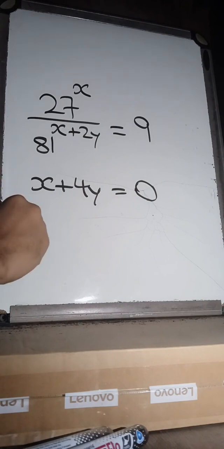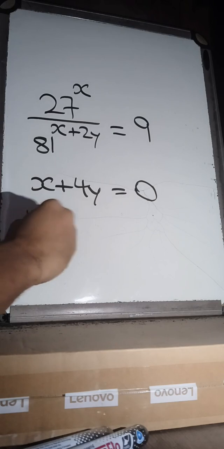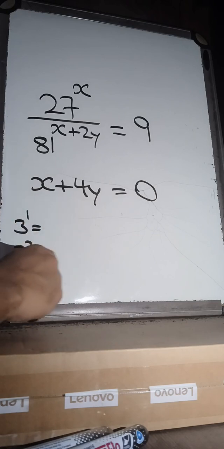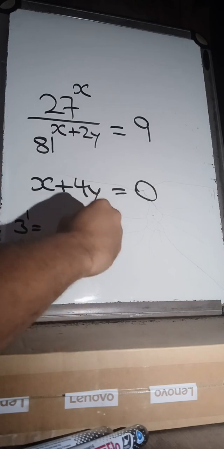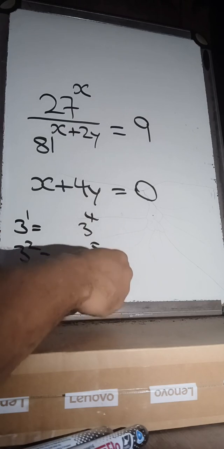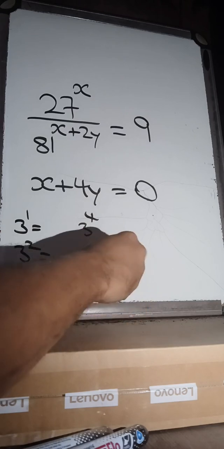So 3 to the 1, 3 to the 2, 3 to the 3, 3 to the 4, 3 to the 5, 3 to the 6.